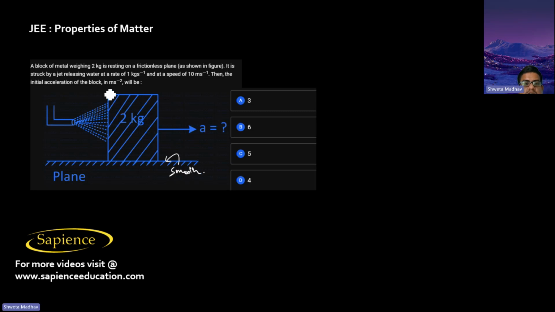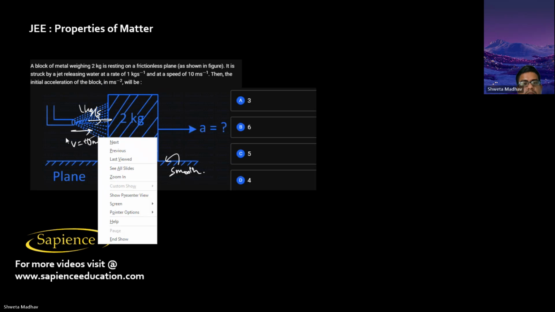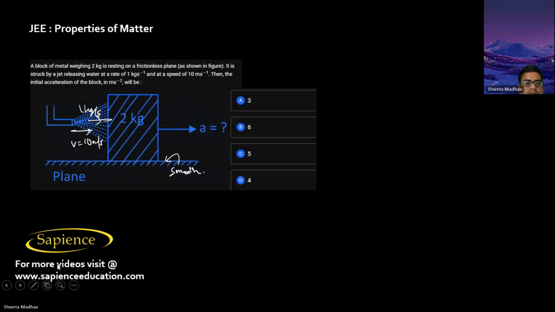It is struck by a jet releasing water at the rate of 1 kg per second and at a speed of 10 meter per second. Then the initial acceleration of the block in meter per second square will be how much?